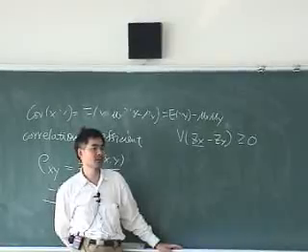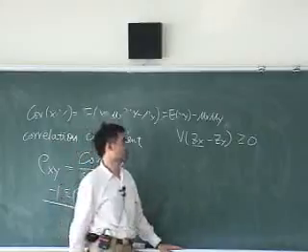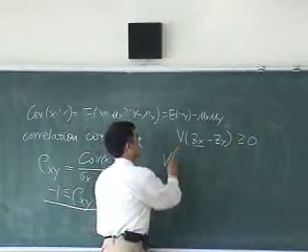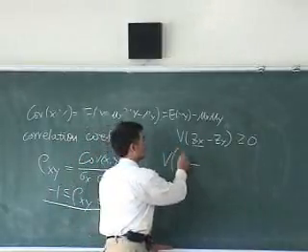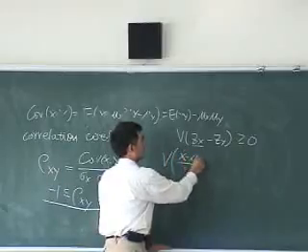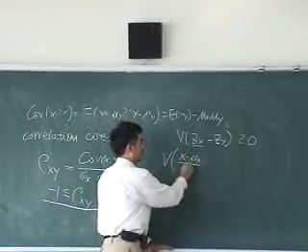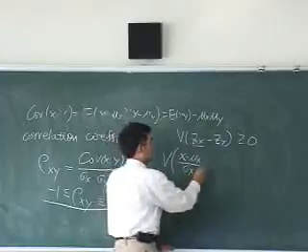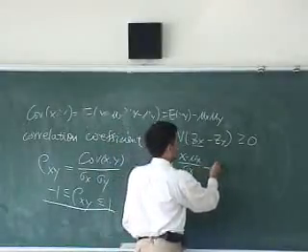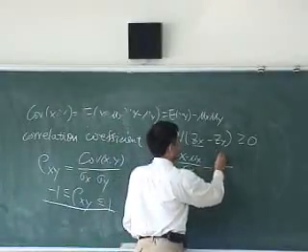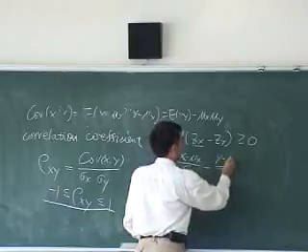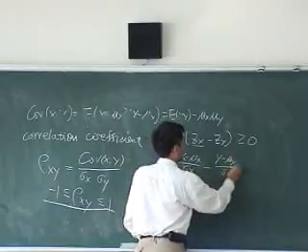So zx is equal to x minus mu x divided by sigma x, and zy is y minus mu y divided by sigma y.